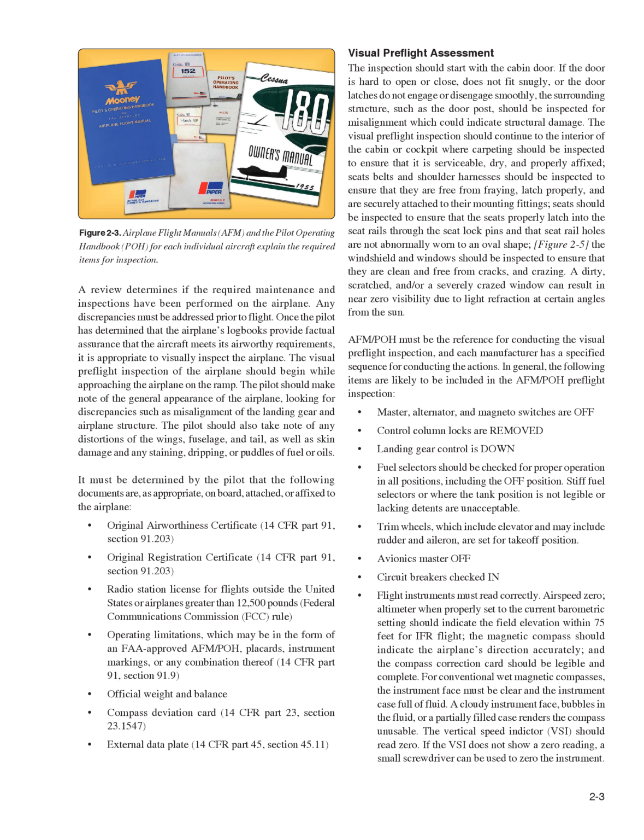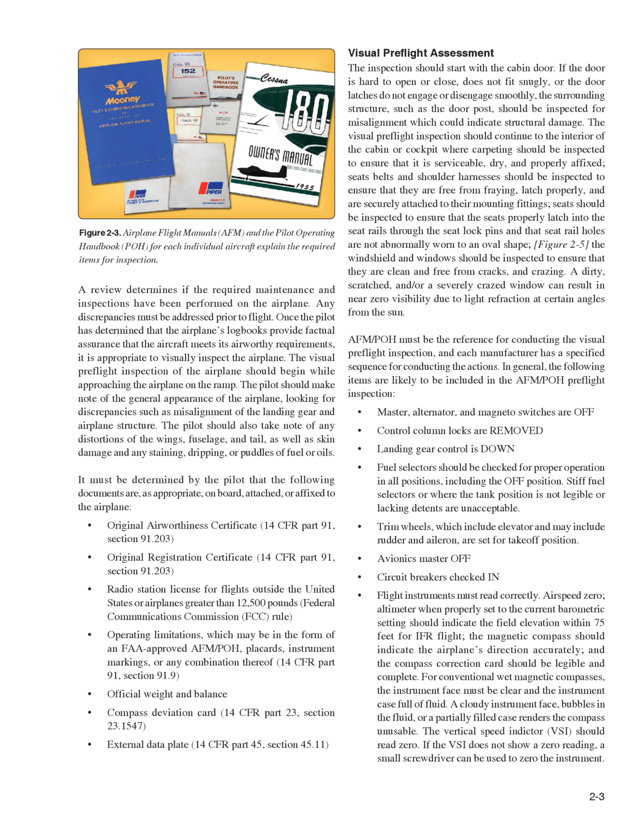Operating Limitations, which may be in the form of an FAA-approved AFM/POH, placards, instrument markings, or any combination thereof, 14 CFR Part 91, Section 91.9. Official Weight and Balance. Compass Deviation Card, 14 CFR Part 23, Section 23.1547. External Data Plate, 14 CFR Part 45, Section 45.11.